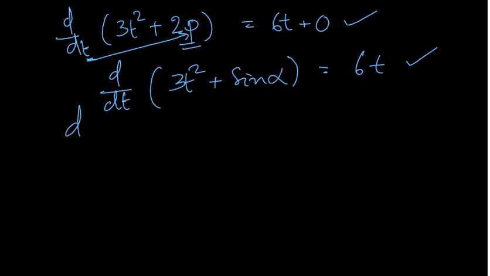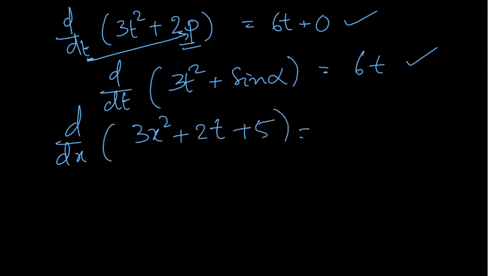Now I'll come back to d by dx of 3x squared plus 2t plus 5. I changed to x. Okay. This is it, right?